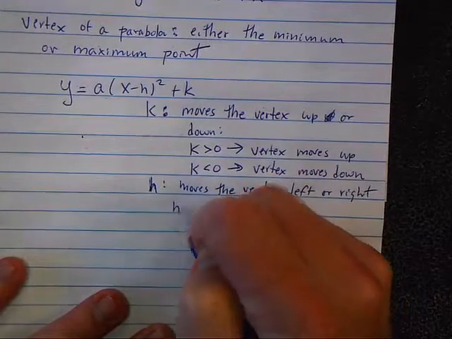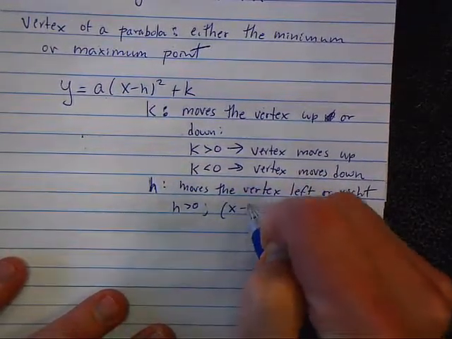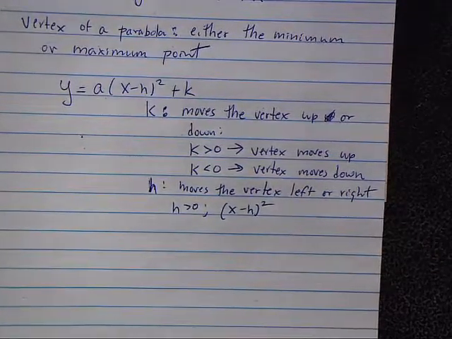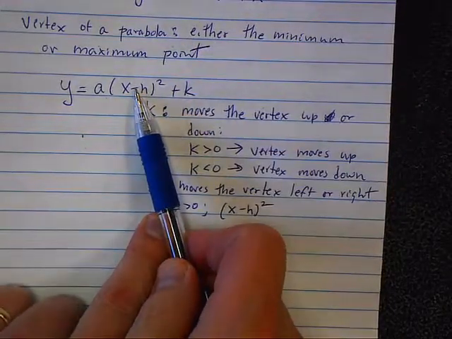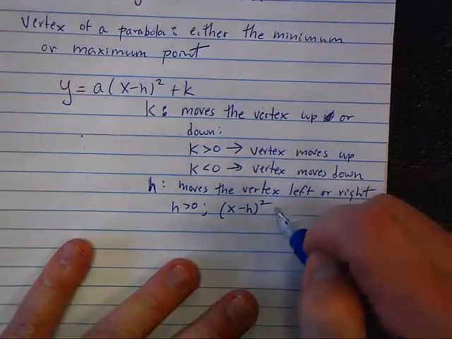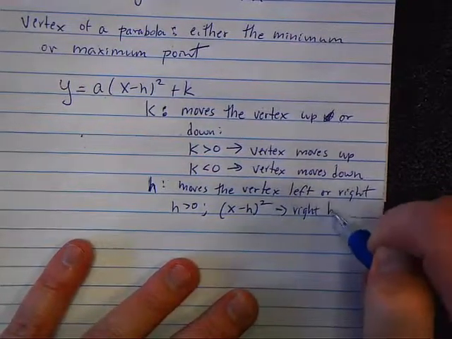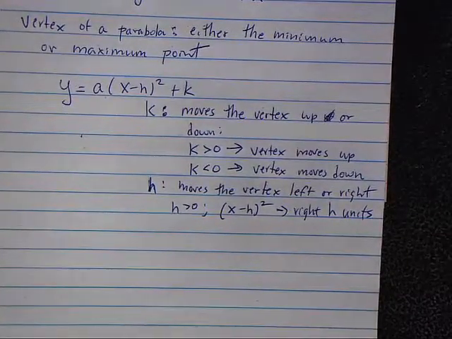If h is positive, then you end up with something that looks like x minus h squared. And this is where it gets confusing. When h is positive, because our original formula already had the minus built in, I'm going to end up with x minus h. That's a right h units. So this one you've got to watch out for.